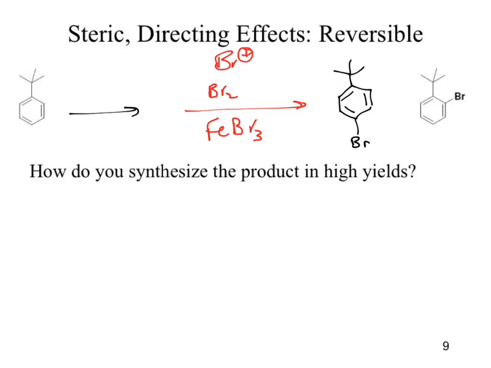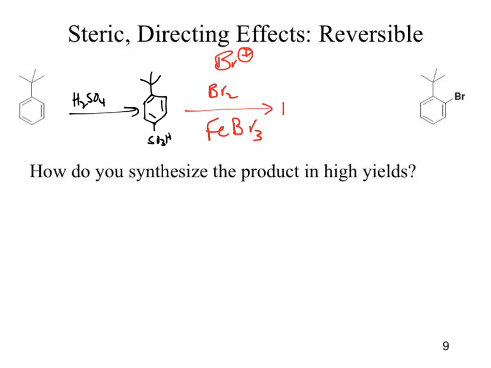What we would go through and do is H2SO4, which is the sulfonation reaction, which puts on your SO3H. Then you can do the bromine reaction. Your para position is now blocked by the sulfate.